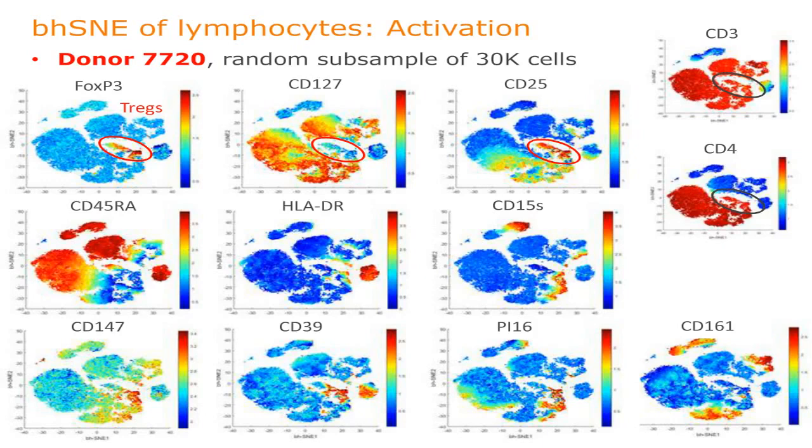Meanwhile, my CD25 expression is red hot, right where the Tregs are. And we know that about our biology, correct? We know when we conventionally gate on our T regulatory cells, they're CD3, CD4 positive, FOXP3 positive, 25 bright, 127 dim. I can also look at the CD45RA expression.